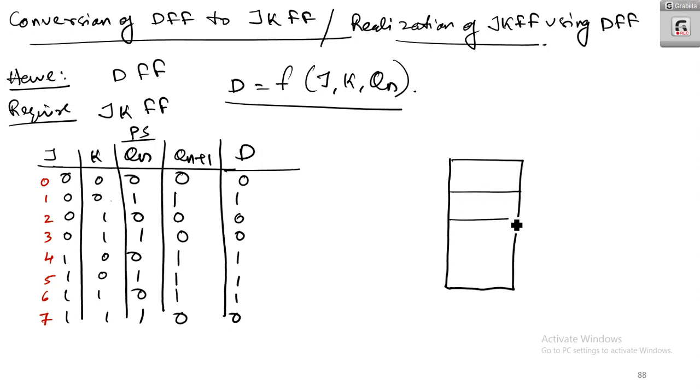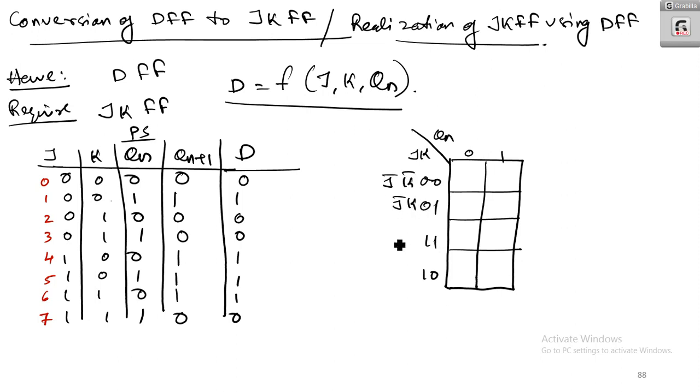Here, this is JK, Qn, 0, 1. This is 00, 01, 11, 10. J bar K bar, J bar K, JK, J K bar, Qn bar, Qn, with cells 0, 1, 2, 3, 4, 5, 6 and 7.